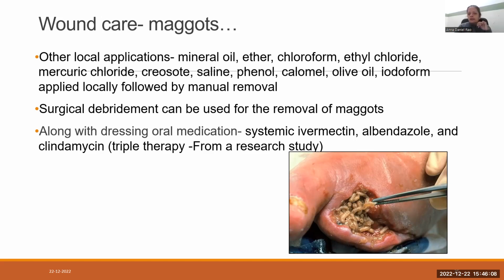Surgical debridement can also help in such cases, right? And along with the regular dressing, use of systemic antibiotics and drugs like ivermectin, albendazole, and clindamycin is also helpful.